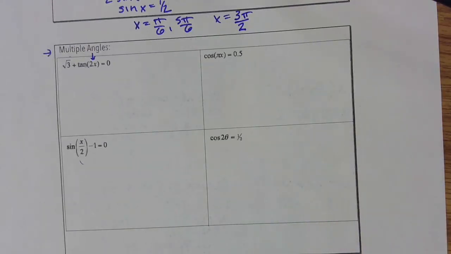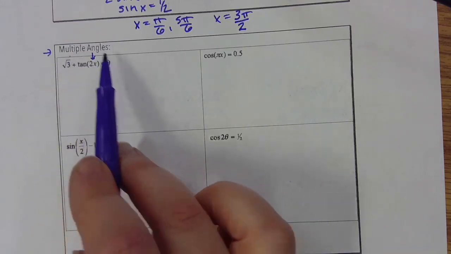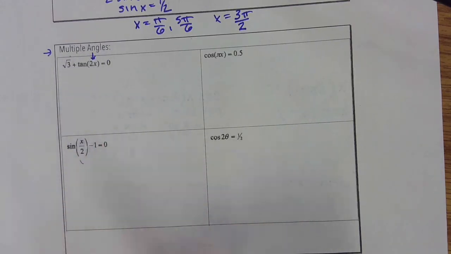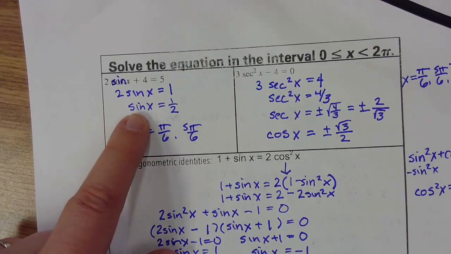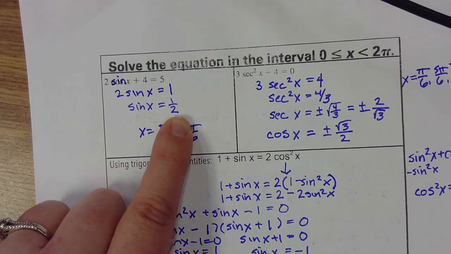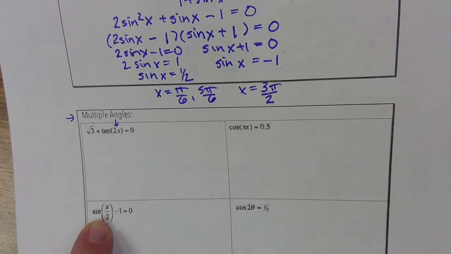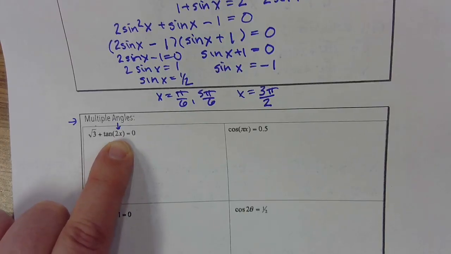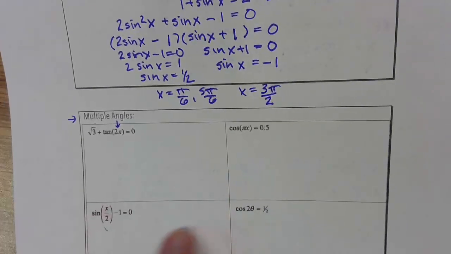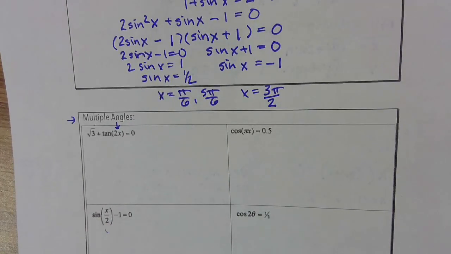When it comes down to the end, when I'm normally just able to say, what angle has a sine value of 1/2, we're still going to think in that way, what angle produces this value, but we're going to have to adjust that solution because we have a 2x or a pi x or an x over 2 here. So the solutions at the very end get a little bit adjusted.